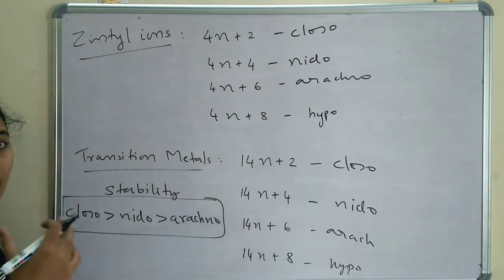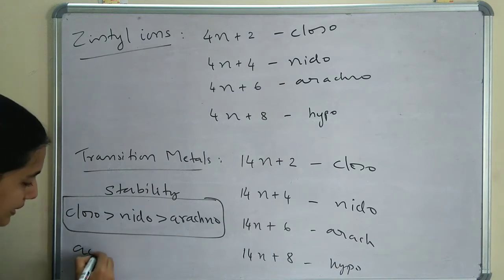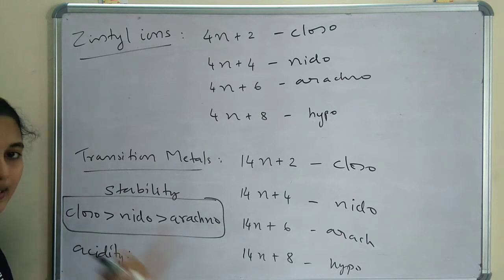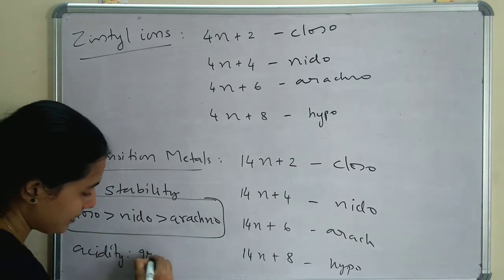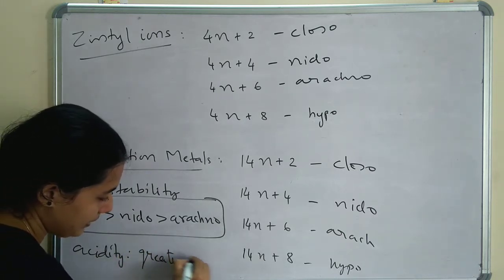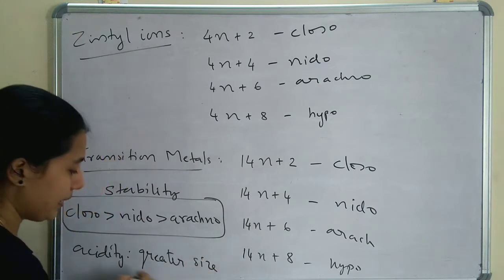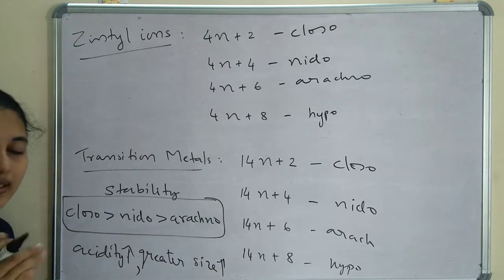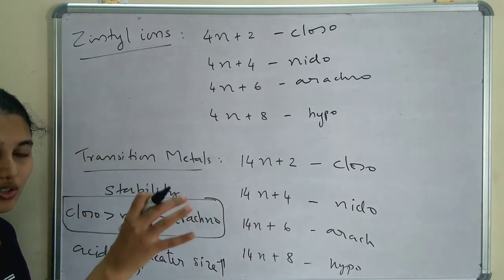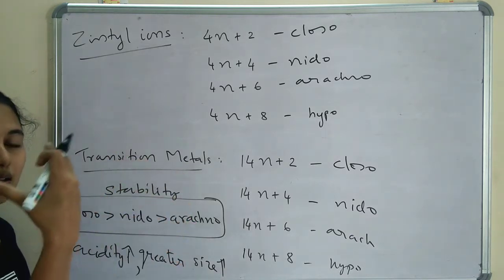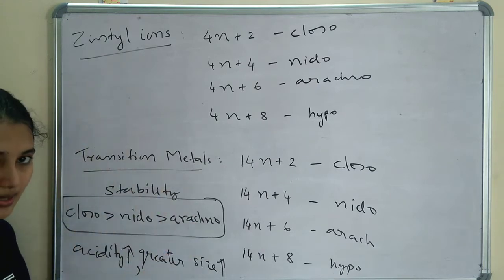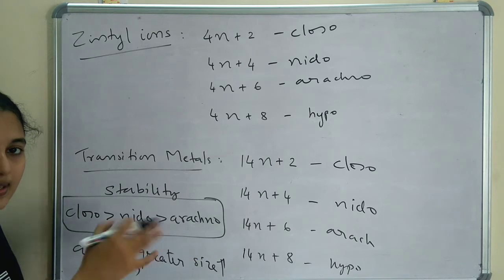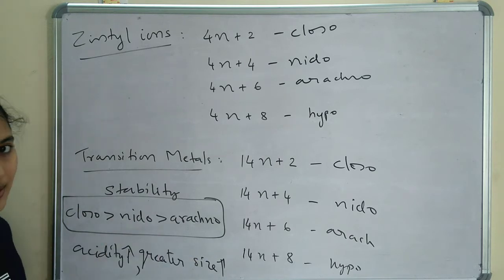And coming to acidity order, greater the size, greater the acidity. So acidity increases when the borane cluster is of greater size. So stability order is Closo, Nido, Arachno, and acidity increases when size increases.